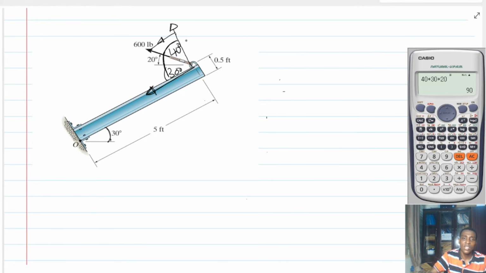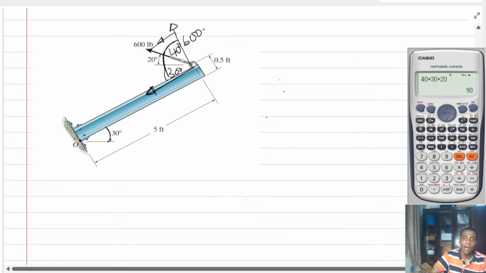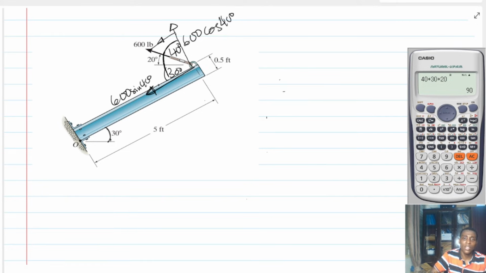So if this is 600, then I'm going to get 600 cosine 40 here. And then this component here might be what? 600 sine 40. Is that right? If I try to resolve this 600 perpendicular to the plane and along the plane, what happens is that this 600 sine 40 will be acting along the sense of direction.